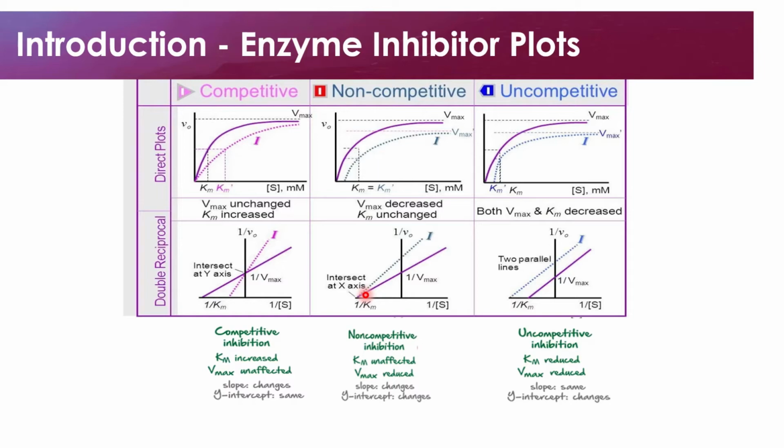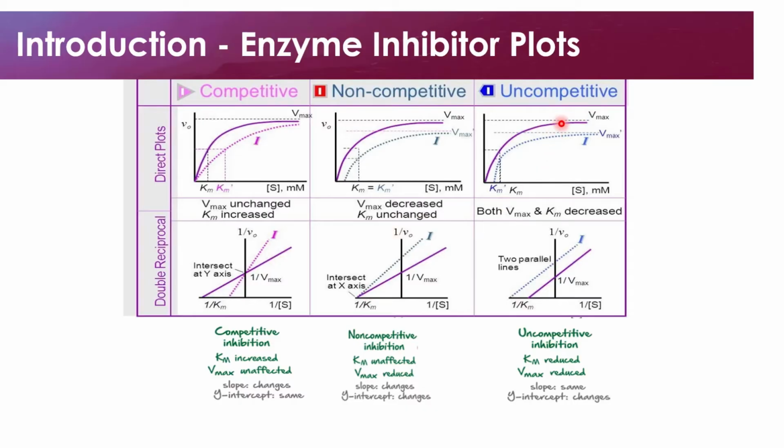If we look at the same type of inhibition for the double reciprocal or Lineweaver-Burk plot, we can see that the Km is unaffected, in other words, the Km remains the same. The V maximum is reduced as shown here. The slope also changes and the y-intercept also changes in this plot.